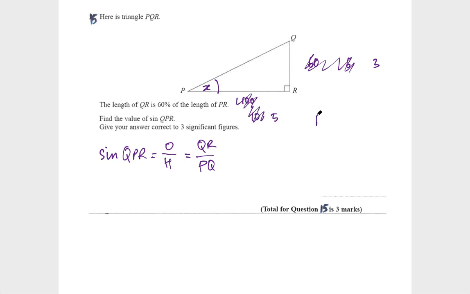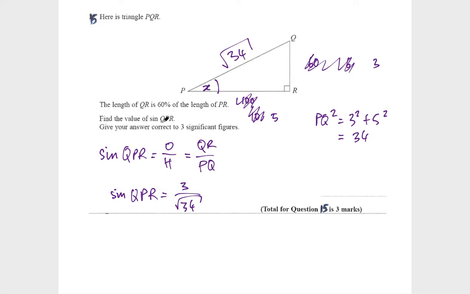So PQ squared equals 3 squared plus 5 squared, which equals 34. So PQ itself is going to be the square root of 34. So sine QPR is the opposite, 3, over the hypotenuse, root 34.